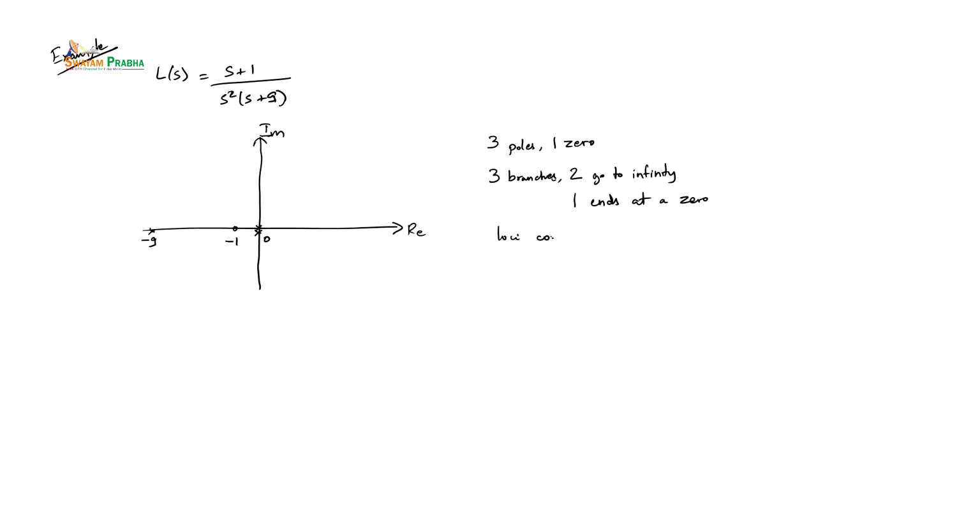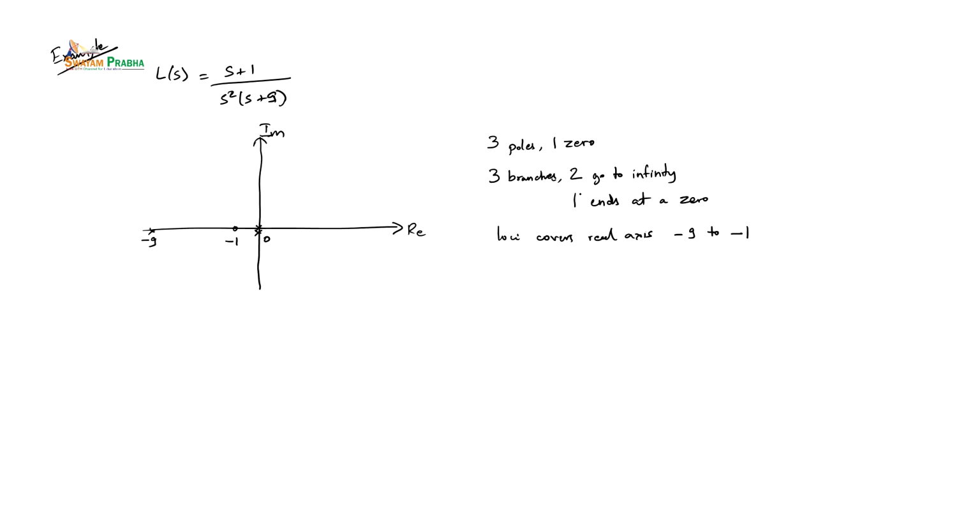So loci covers the real axis from minus 9 to minus 1. And beyond minus 9, since there is an even number of poles and zeros, that is not a part of the loci.